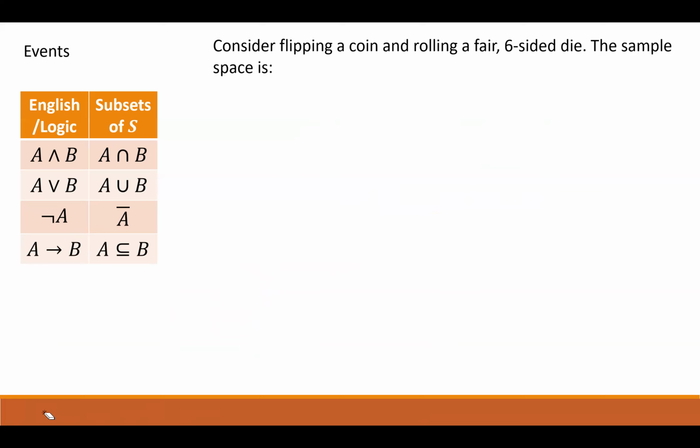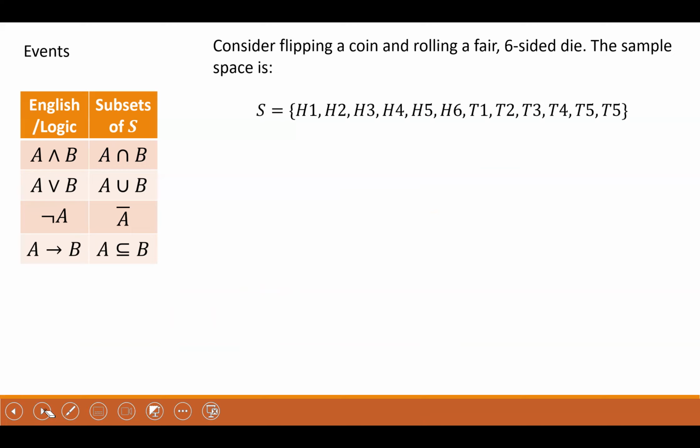Let's consider flipping a coin and rolling a fair six-sided die. We will look at this the old way, with just set operations, and then we will look at how we can replace those set operations with these Boolean operations. So the sample space is a bunch of ordered pairs where the first element is heads or tails, and the second element is a value 1 through 6.